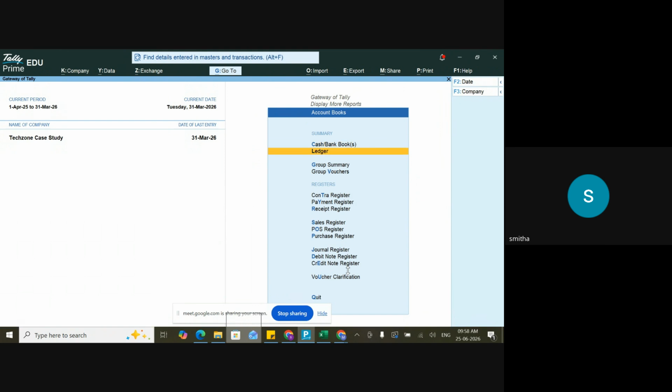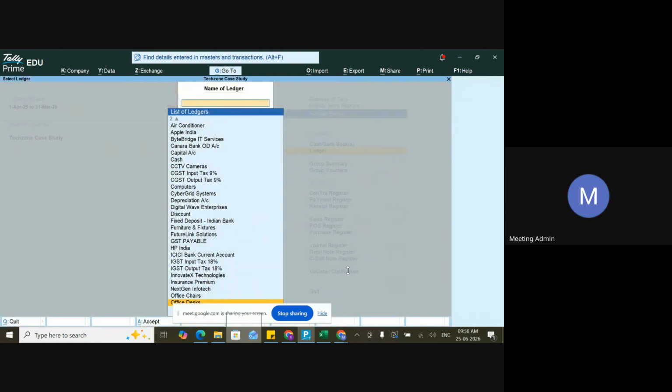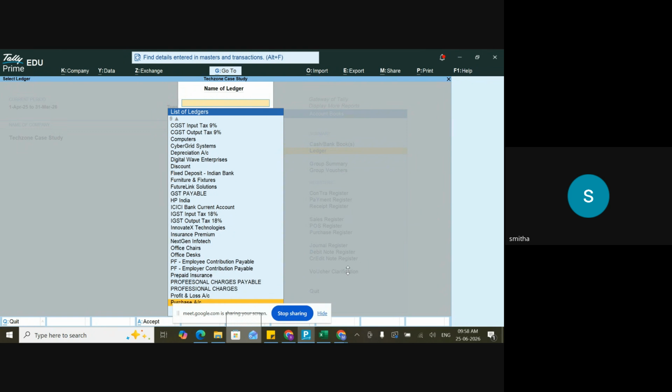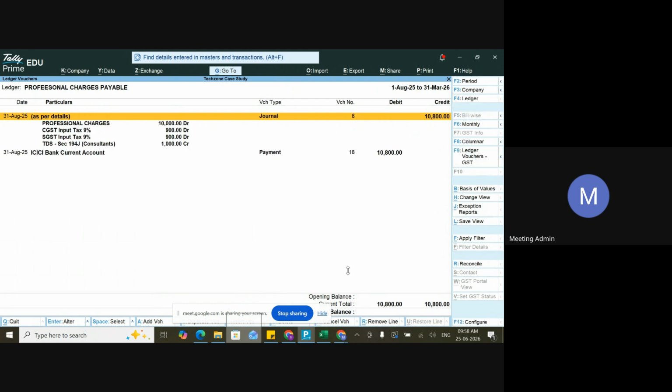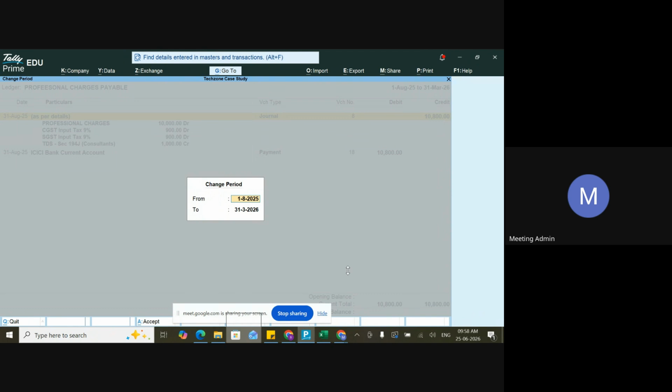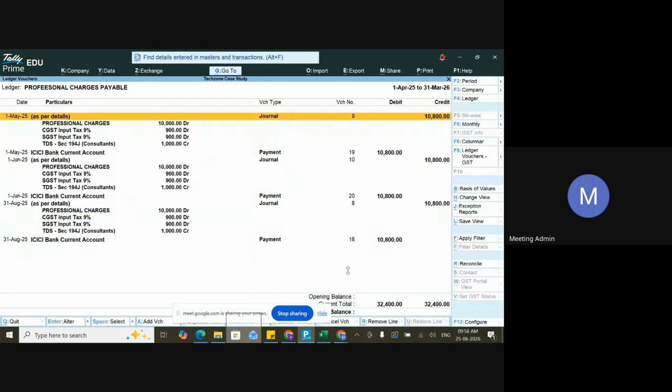But the thing is, you should do the entries. See, professional charges payable, I did it for 3 months. It is showing from 1st August. Alt F2, so from 1st April to 31st. Can you see?